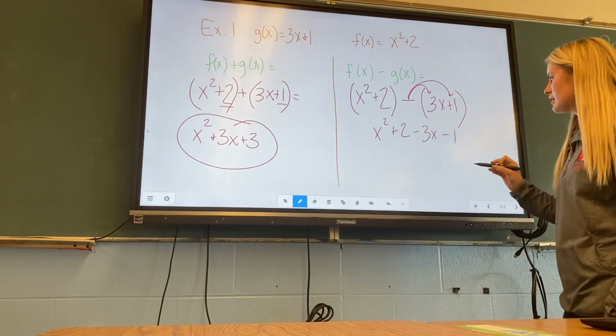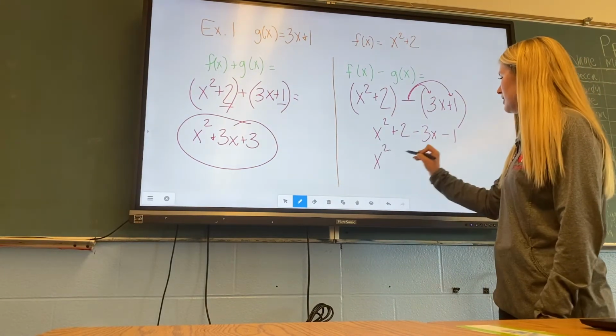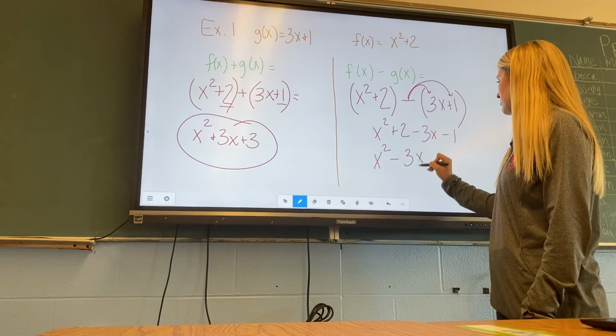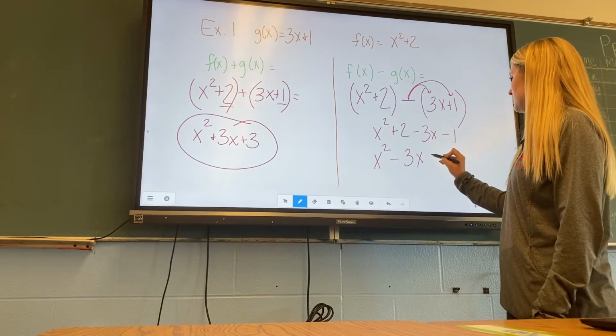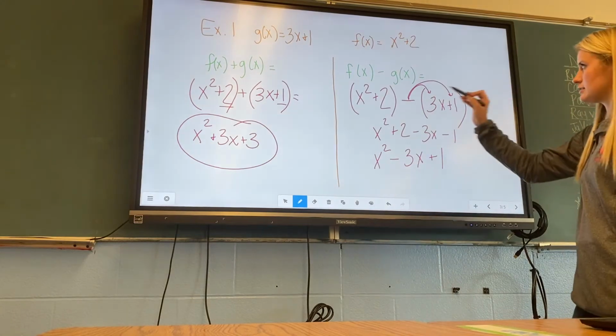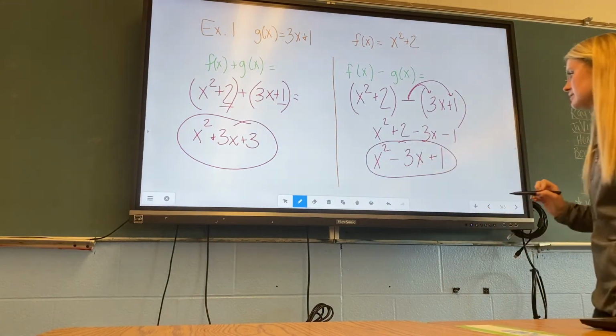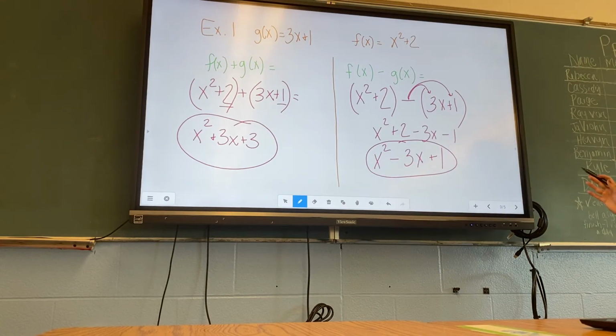Now combine like terms again. X squared is by itself, this is minus 3x this time, and 2 minus 1 is just plus 1. So this is our answer for f of x minus g of x: x squared minus 3x plus 1.